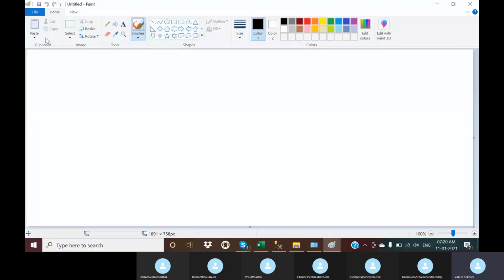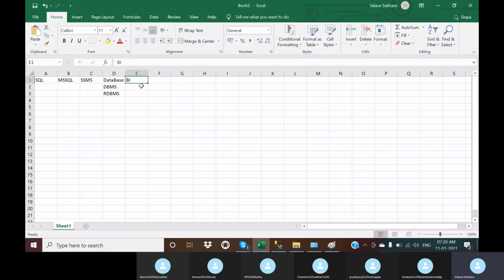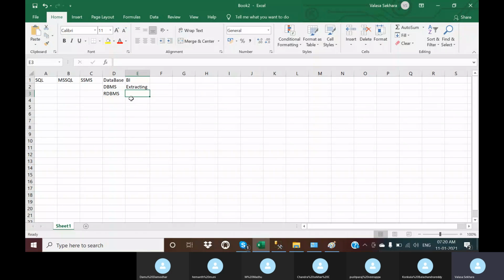So BI tells that extracting of the data. Then once we have done with the extraction of the data, we have to do analyzing of the data, more than one dimensional.